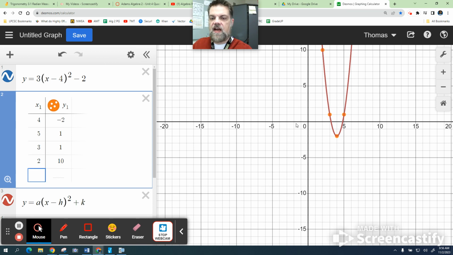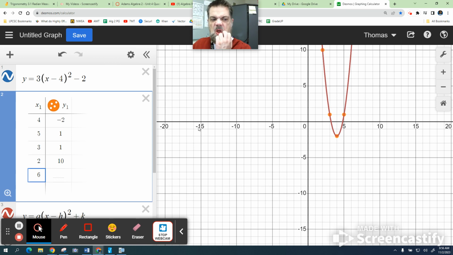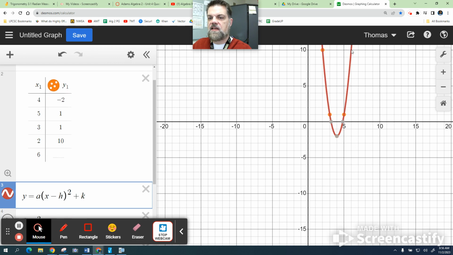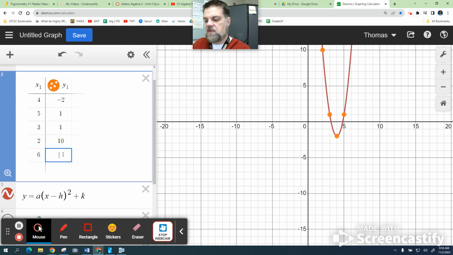Now, if I go one more unit over, in other words, if I say x equals 6, look at the graph, watch this. If I go over 5 and then 6, where does this cross the graph? At 10, right? At 10. So I think it's going to be 10 because there's symmetry in the graph.